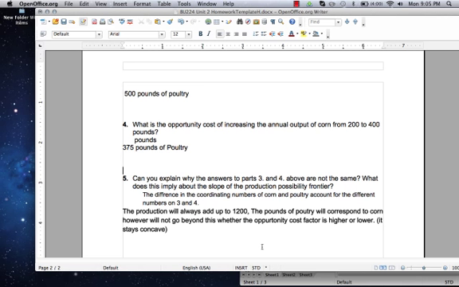And it is going to have to be the concave line, which implies the slope of the production possibility frontier is always going to add up to that 1,200. The pounds of poultry will correspond to corn production. It's not going to go beyond 12,000, and the actual slope is what in mathematics they refer to as concave.